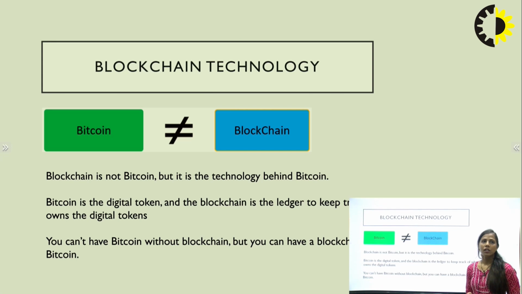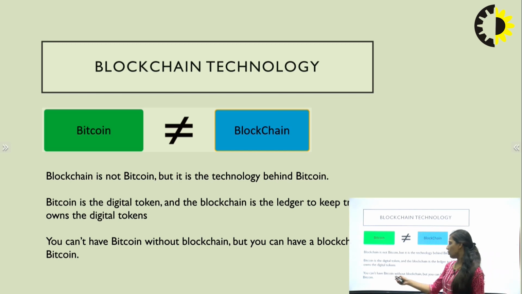So Bitcoin is a digital token used in cryptocurrencies, and the blockchain is the ledger in which we keep track of the digital tokens. Whatever transactions, whatever Bitcoin we use, it keeps track of those tokens. All the token details will be updated in the blockchain technology.